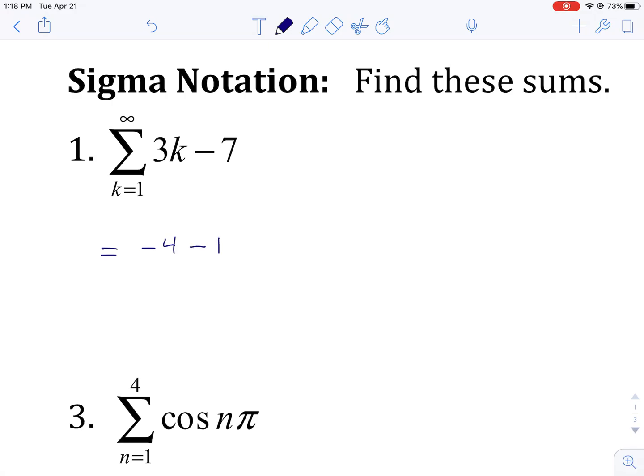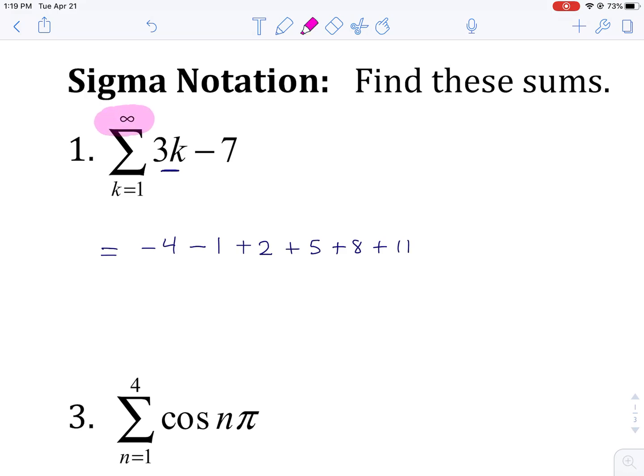So I'd actually add a -1, which of course is subtracting 1. If I plug in 3, the third term would be 9 minus 7, that would be 2. And I think you can see the pattern here. The slope of this is 3, meaning I add 3 every time. So the next one would be 5, and then 8, and then 11.